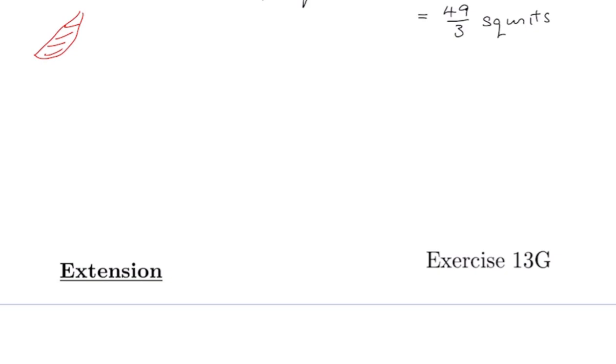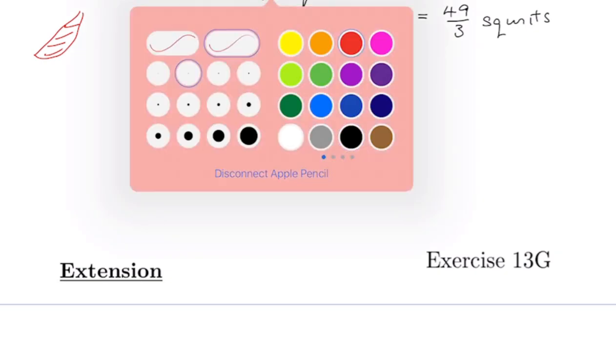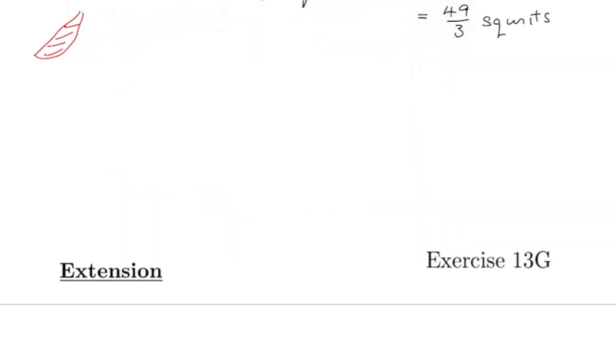So if you do top curve minus bottom curve, that will give you the area by default, even though some of it is below. And I'll give you a little hint. The answer that you are looking for is 16 root 2 over 3. So you can do that extension question.